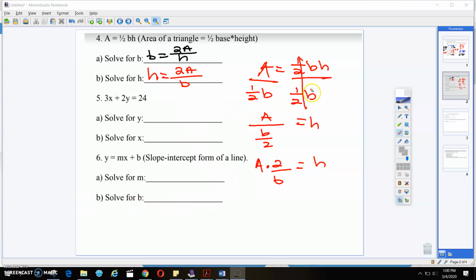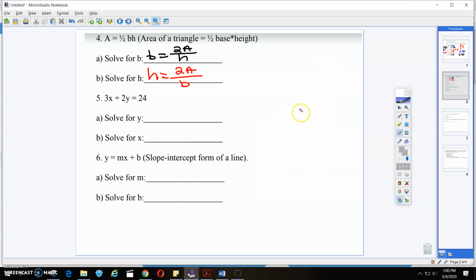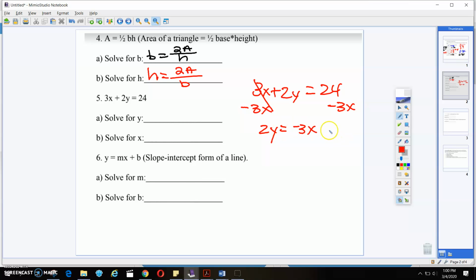So on number 5, it says solve for y, and then it says solve for x. So this is like what you're normally going to see. You've got 3x plus 2y equals 24. On this first one, it says solve for y, so that means get y by itself. The first thing you're going to do is subtract 3x from both sides, and that's going to give you 2y equals negative 3x plus 24.